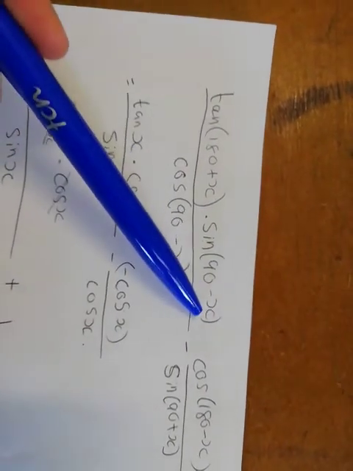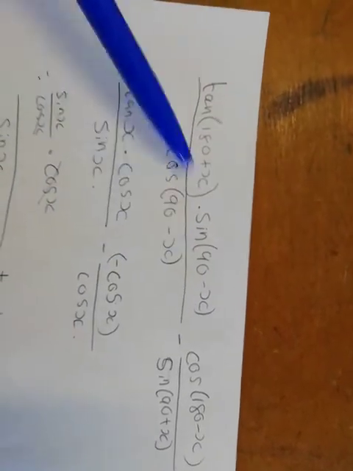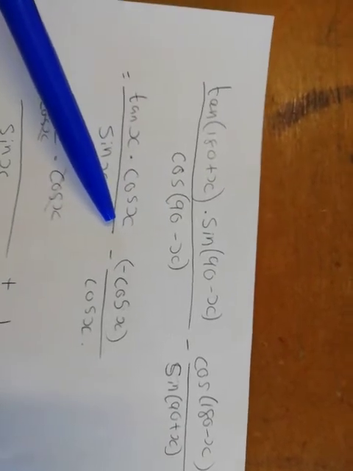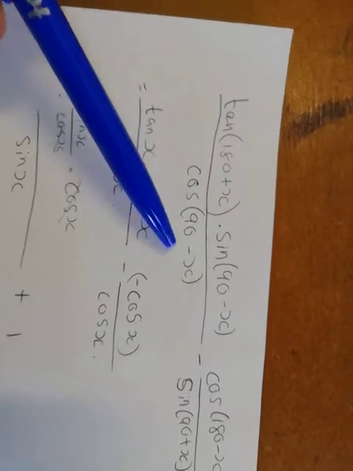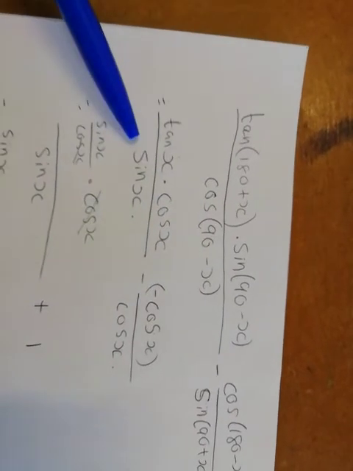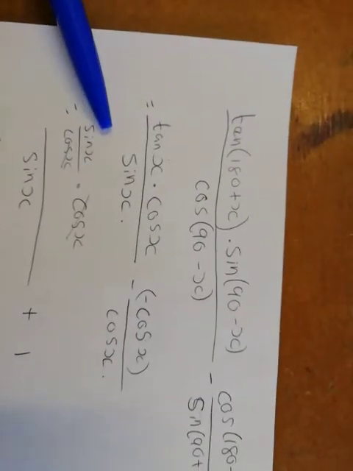Sine of 90 minus x, because of the co-ratio, becomes cos x. It becomes positive. Cos of 90 minus x becomes positive sine x because it is still in the first quadrant.